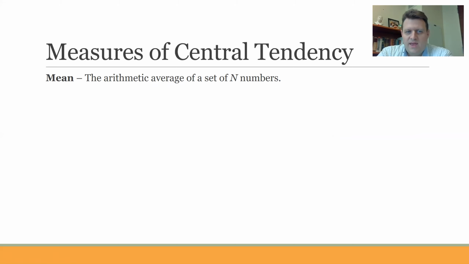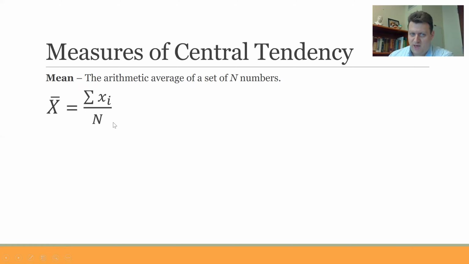So what is the mean? It's the arithmetic average of a set of n numbers. n here is the total number of observations that we have. So the way that we would write out the mean is something like this. The mean, which we can write as x bar. This is how we denote a sample mean. We could either do x bar or we could just do m.